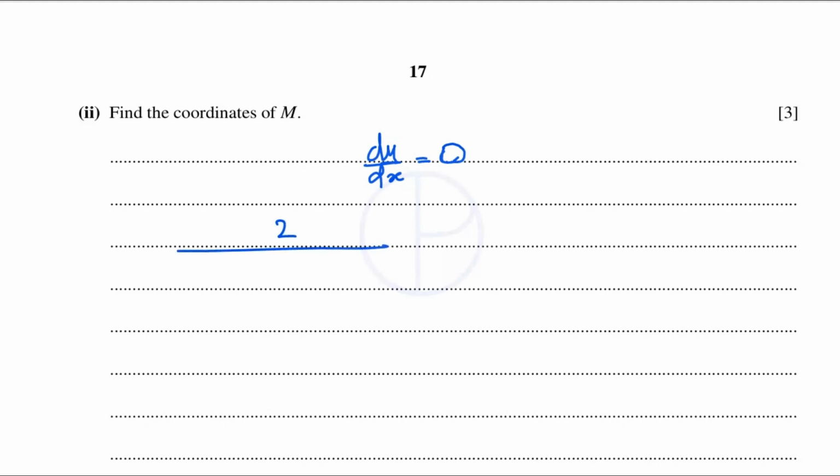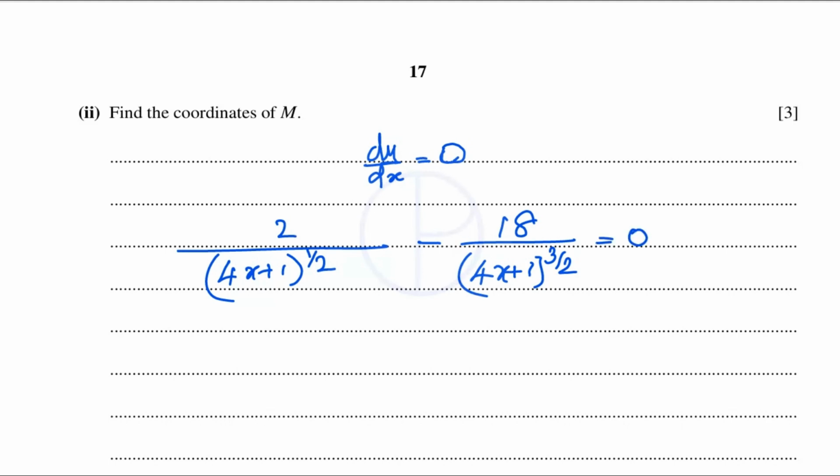So 2 divided by 4x plus 1 the whole power 1 over 2 minus 18 divided by 4x plus 1 power 3 over 2 equal to 0. Okay, we have to solve this to find the value of x.